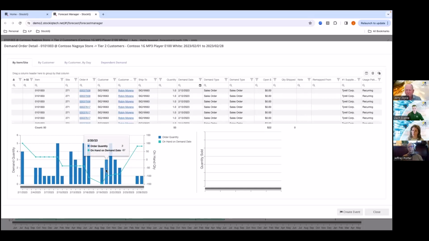One of the things to note in this block to the lower left is that it records graphically when the orders came in within this particular month and in what quantity. You will also note that we're recording what our current on-hand balance was during that period. This is very helpful for understanding whether we had the right stock in the right quantity in place and whether we were able to actually fill.